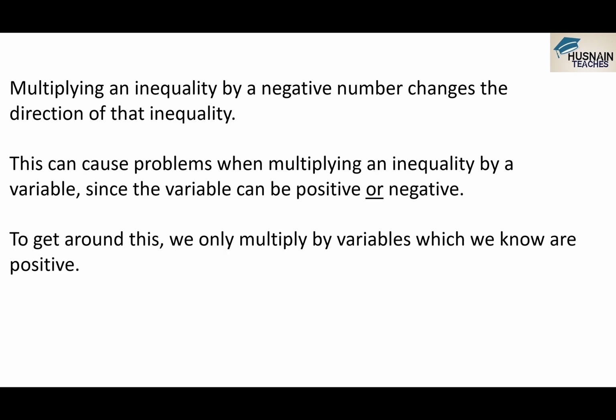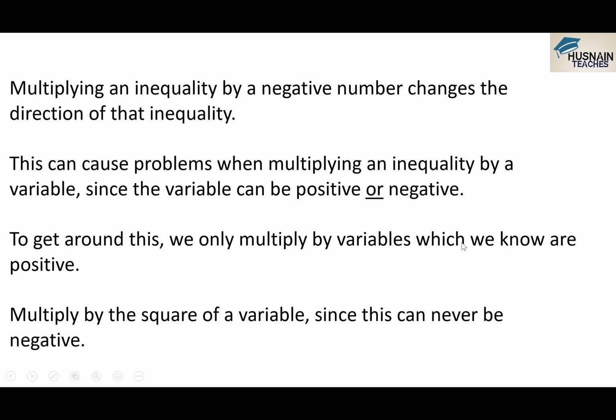What we do instead is we limit ourselves to only multiplying by variables which we know must be positive. And now you're probably thinking, how are you going to force a variable to be positive? Well, we've been talking about squares this whole lesson, and you might realize that if I multiply by the square of a variable, I won't have to change the direction of the inequality, because a square can never be negative for real numbers.